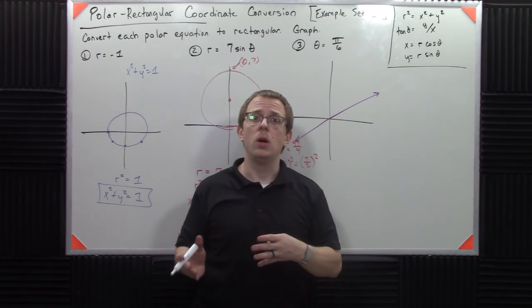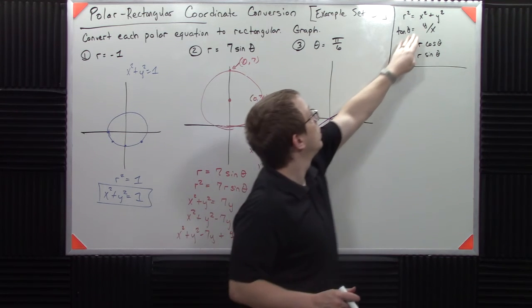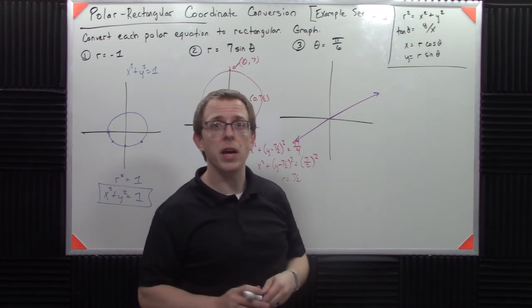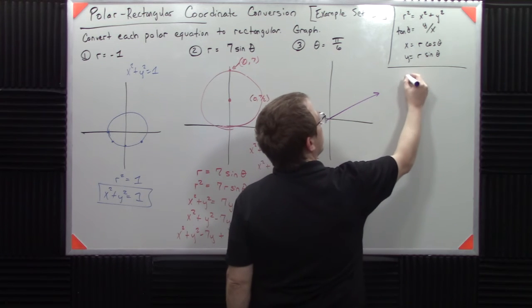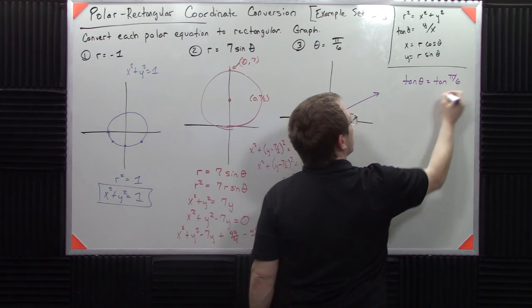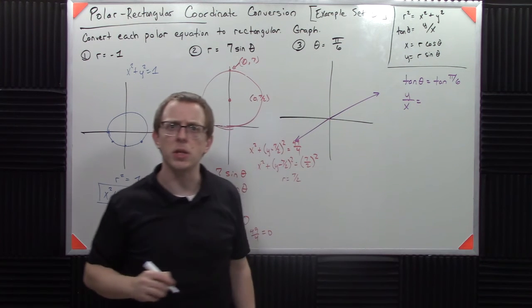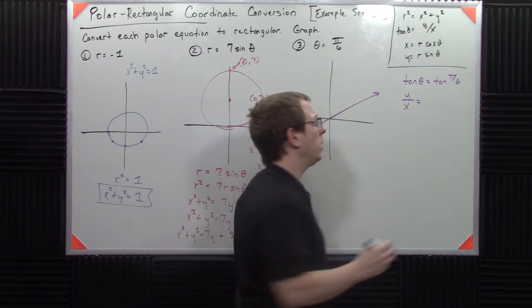And if we want to convert this, what we have to do is use this relationship: tangent of theta is equal to y over x. So tangent of theta is tangent of pi over 6, which means y over x is tangent of pi over 6, which I believe is the square root of 3.